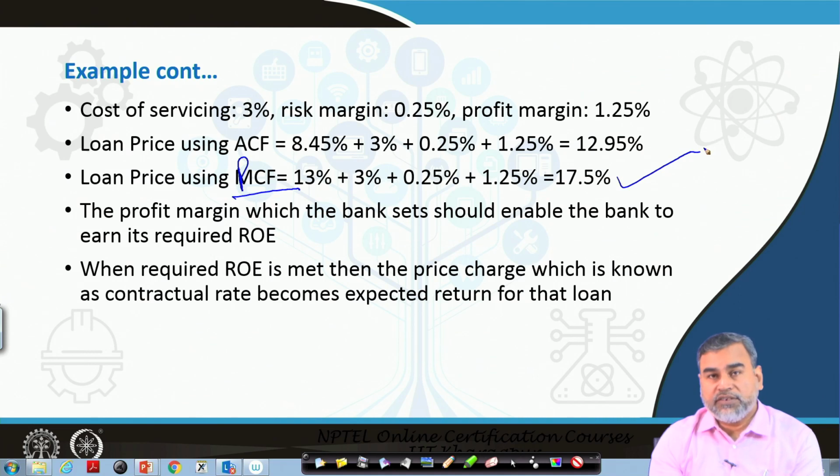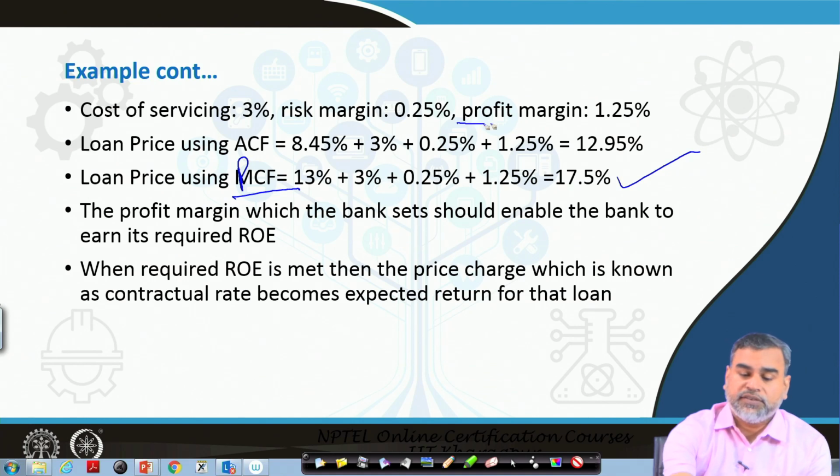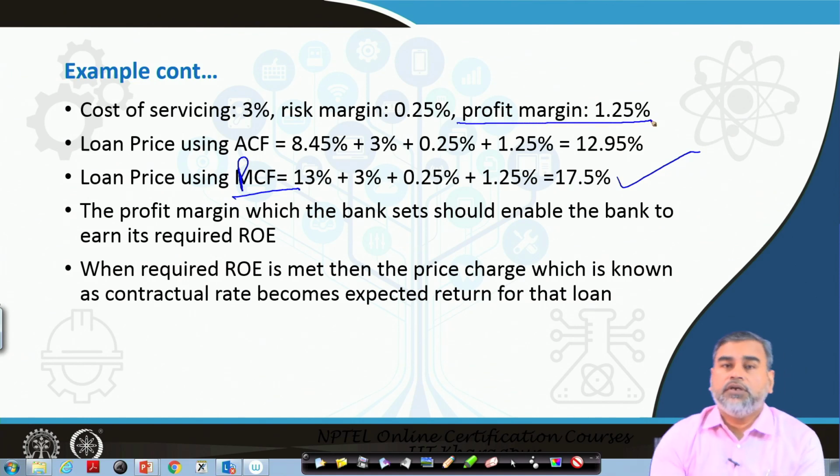So, the profit margin, I already told you, the profit margin which the bank sets should enable the bank to earn its required return on equity. Keep that in mind. The profit margins are always fixed on the basis of the return on equity that the bank wants. So, when the required return on equity is met, then the price charged is known as the contractual rate.